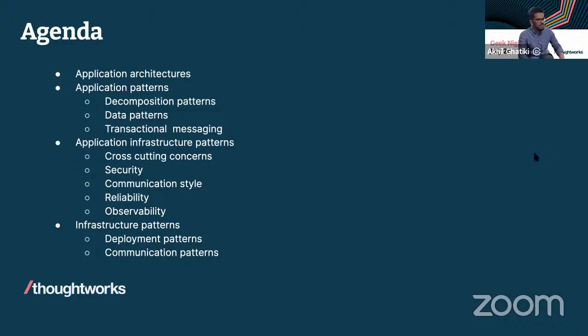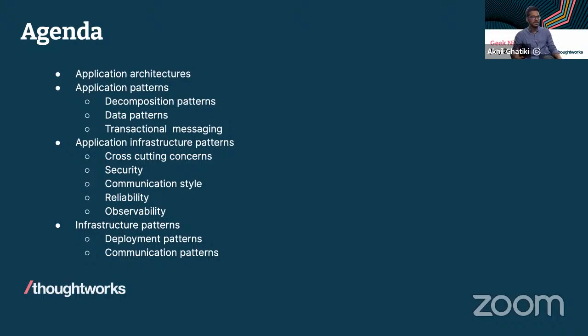The talk is going to be inclined a lot towards data consistency patterns, though there are a lot more traditional patterns that we can adopt in microservices architectures. Not to confuse between application infrastructure patterns and infrastructure patterns. Infrastructure patterns is what I meant.